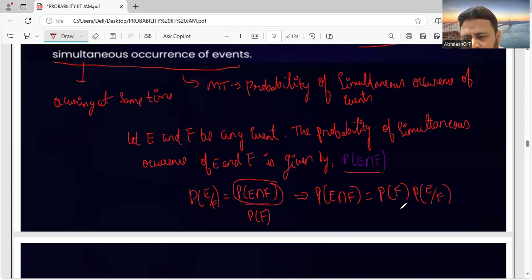Got it, friends? Or suppose that instead, event E has occurred and F has yet to occur.